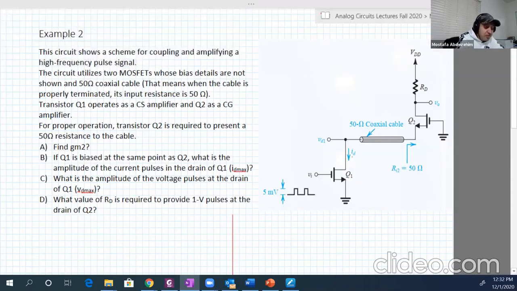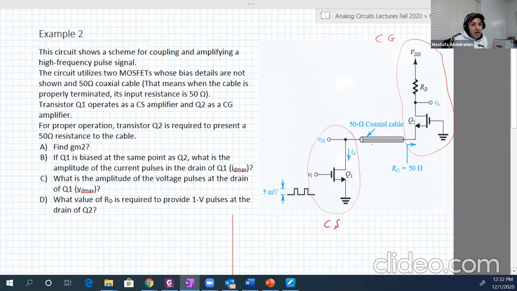The problem here is that we have two stages. Again, we have first a common source amplifier, then we have a common gate amplifier, and between them there is a coaxial cable, just a cable.